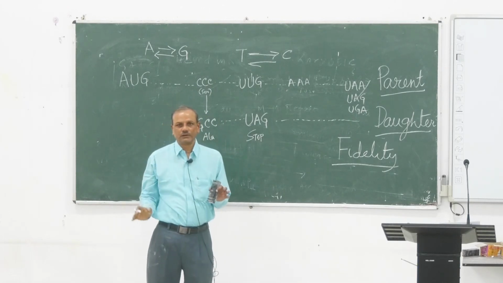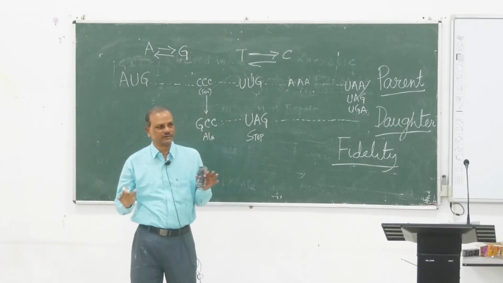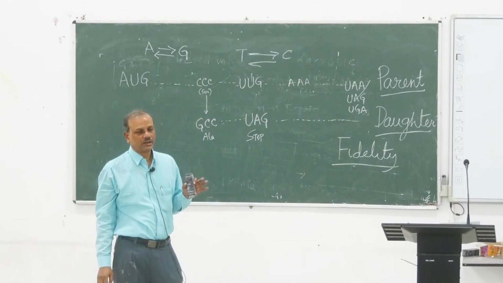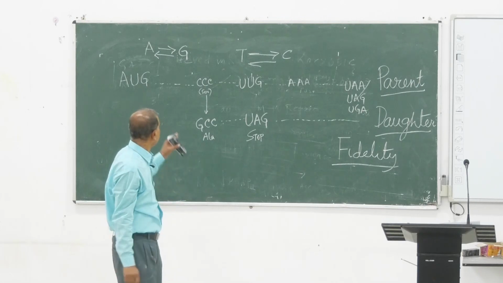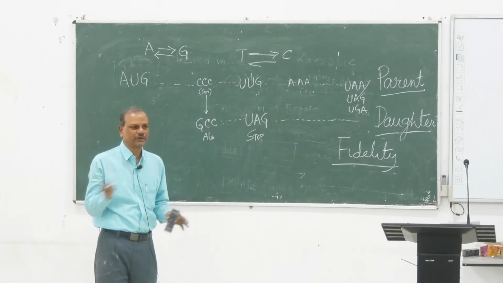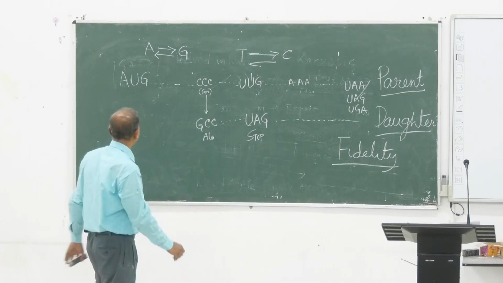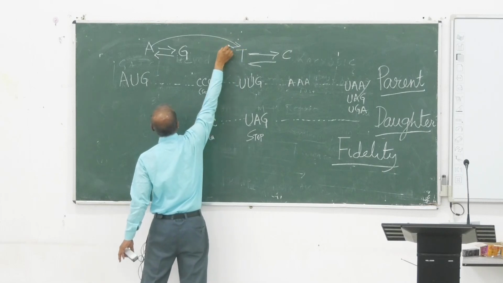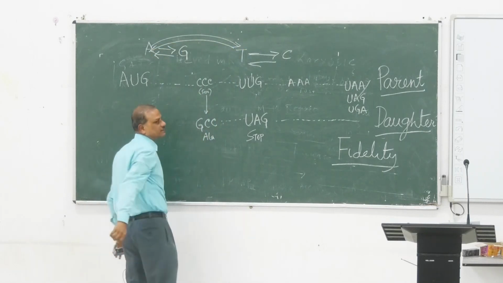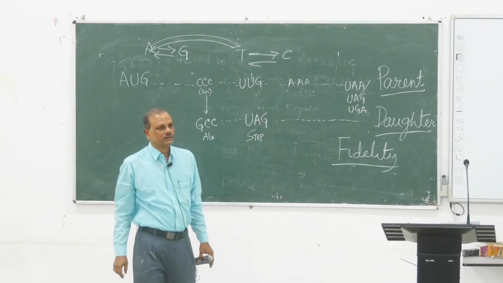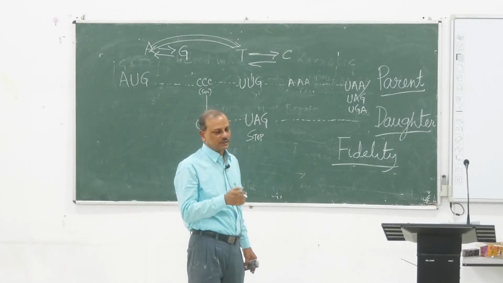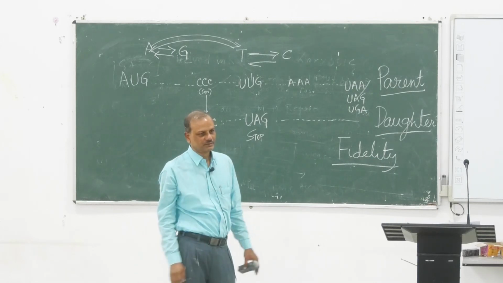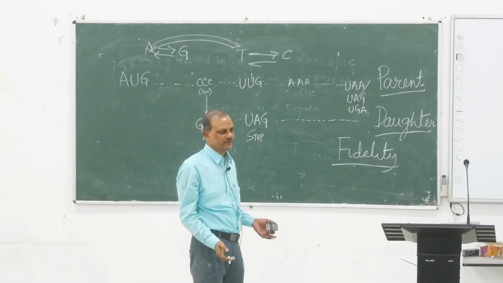Unique to unit is called transition. And if it is between unique and unit and vice versa, like A to P or P to A, that is called transversion. So transition means the change is unique to unique or unit to unit.